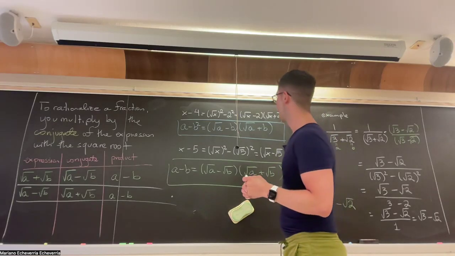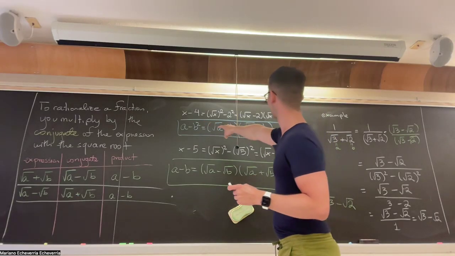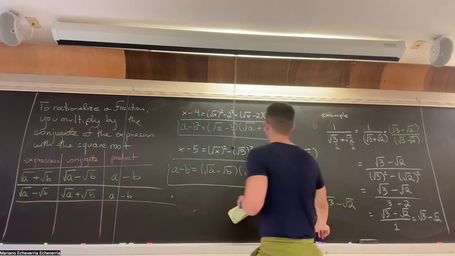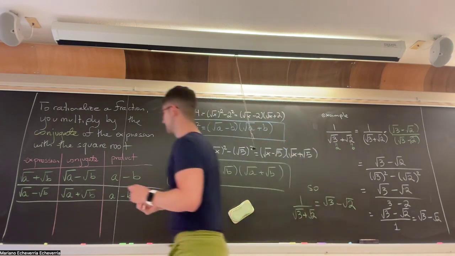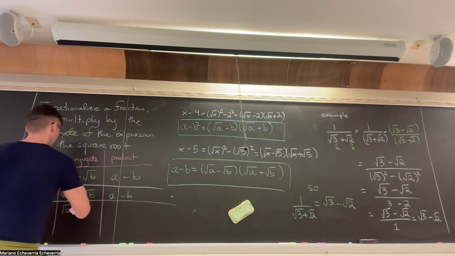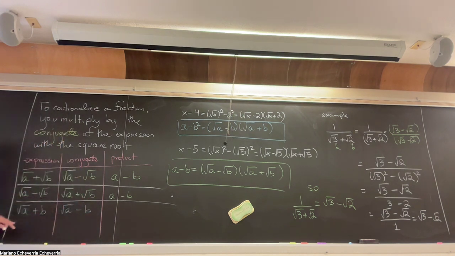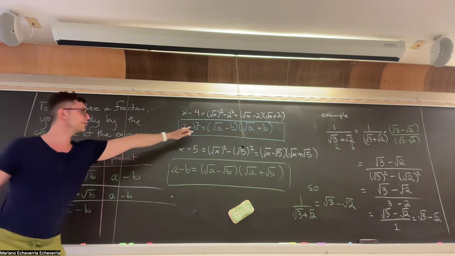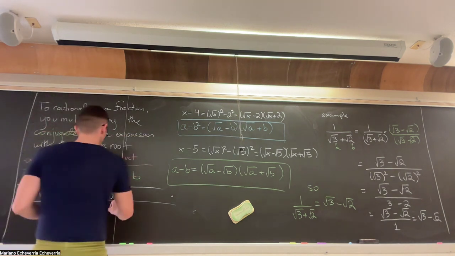Then let's take the blue version next. Again, the conjugate for any of these is always to flip the sign. So you put root of A minus B in this case. When you multiply these two, because of the difference of squares formula, you get A minus B squared.